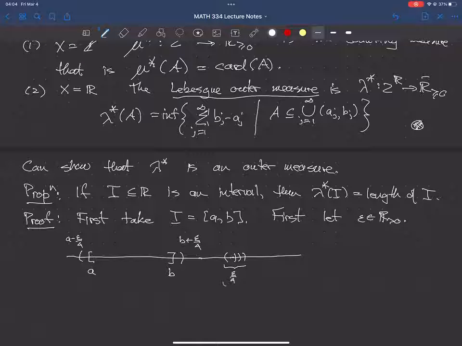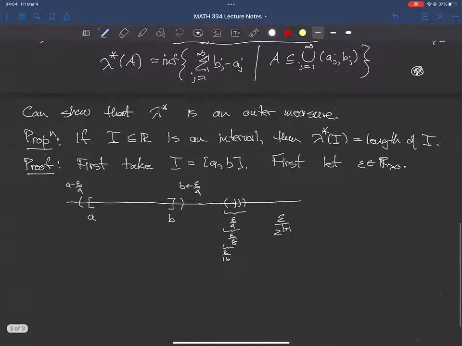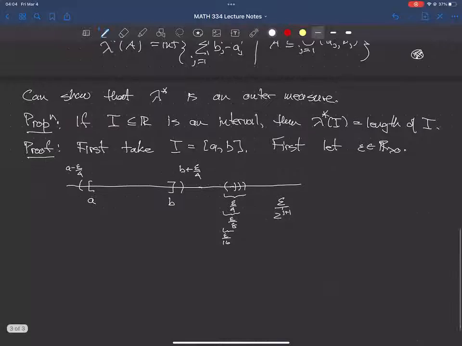The second one is going to be of length epsilon over 8. The third one of length epsilon over 16, and so on. So in general, the length is going to be epsilon over 2 to the j plus 1. Okay, so there's an open covering of the compact interval AB.